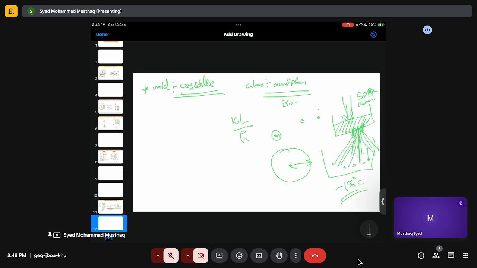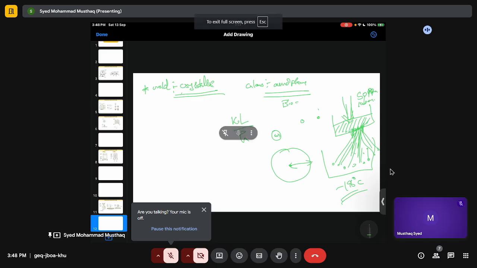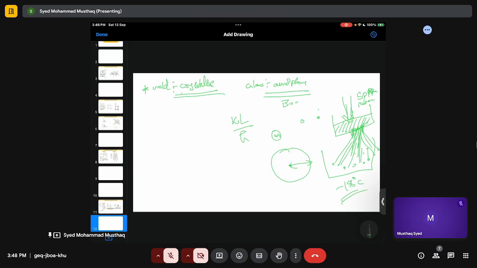There is a minor difference between conduction and convection. When we talk about conduction, we mean the movement of heat inside a solid. For example, this is the temperature T2, this is the temperature T1. T2 is greater than T1. So the heat will flow from here to here, and the temperature will decrease from this to this.